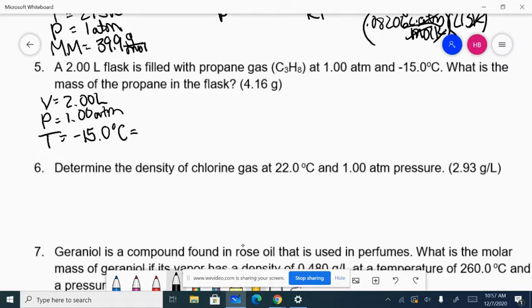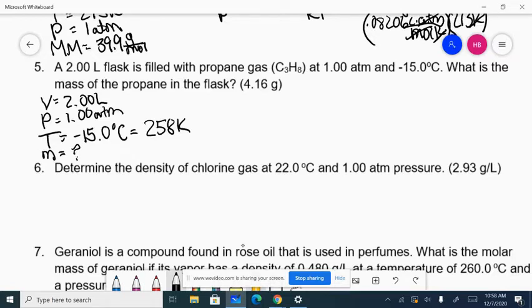I get an answer of 258 K. If you get a negative answer for any of these problems, you would say, ooh, I made a mistake here. And in this case, that mistake would have been not changing Celsius to K. And we are solving for the mass of the propane in the container.